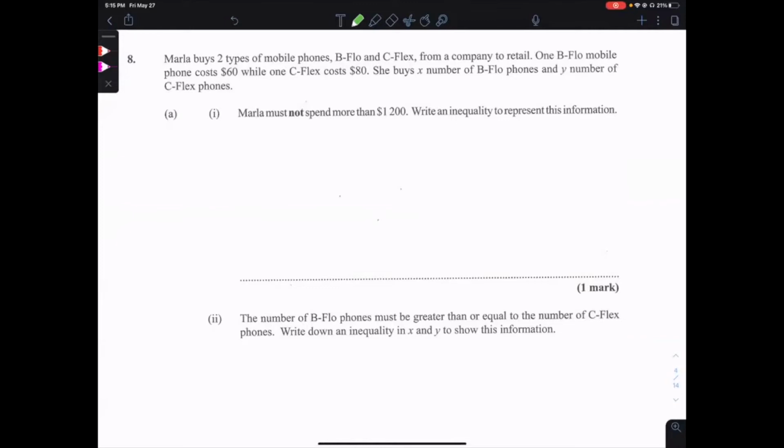One B-Flow mobile costs $60, while one C-Flex costs $80. She buys X number of B-Flows and Y number of C-Flex.